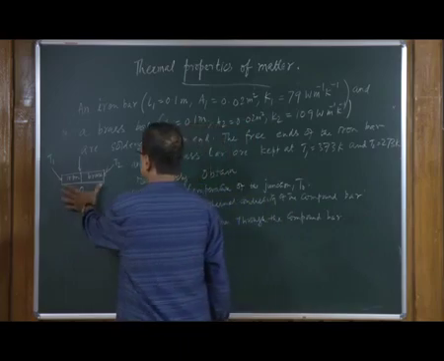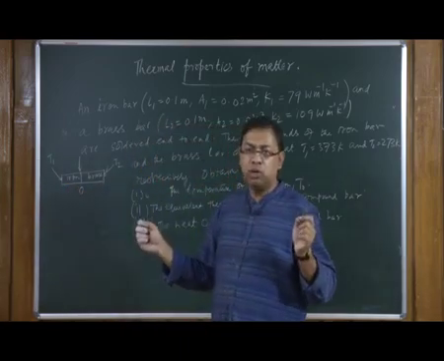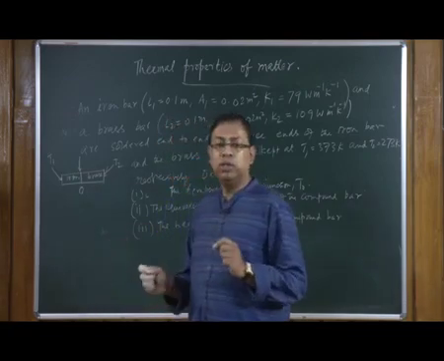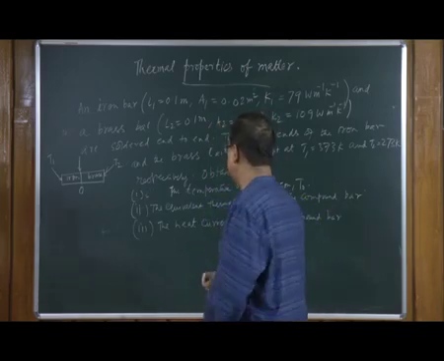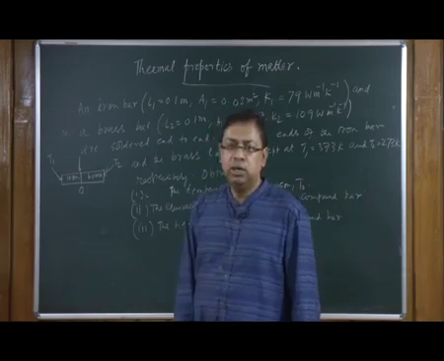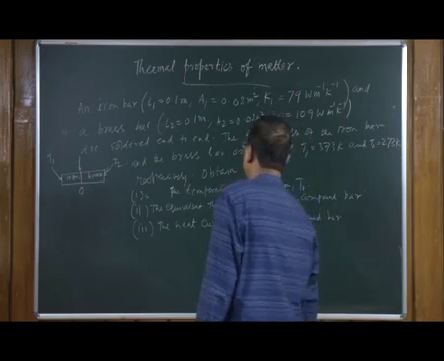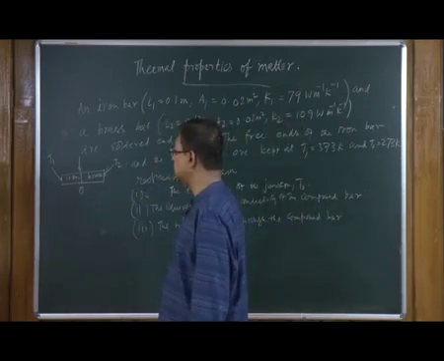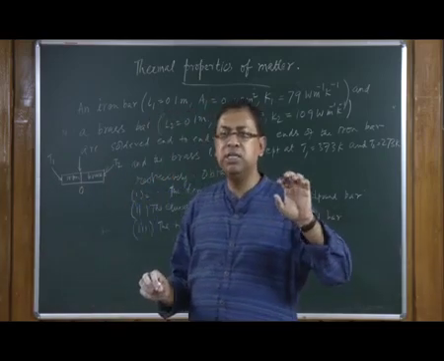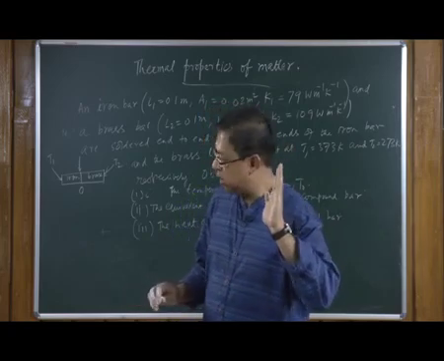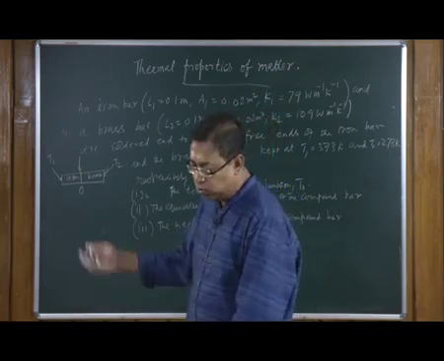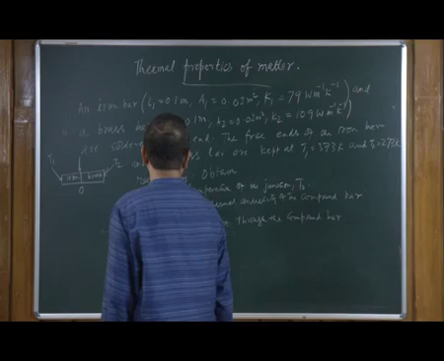Second question is that if I call this as one bar without really talking about it as two bars, a compound bar, what is the thermal conductivity of the compound bar? And the third question is what is the heat current that flows through the compound bar. One assumption is that there is no heat loss otherwise. So, whatever heat gets conducted from the left end of the iron bar will flow as the same heat current through the brass bar.